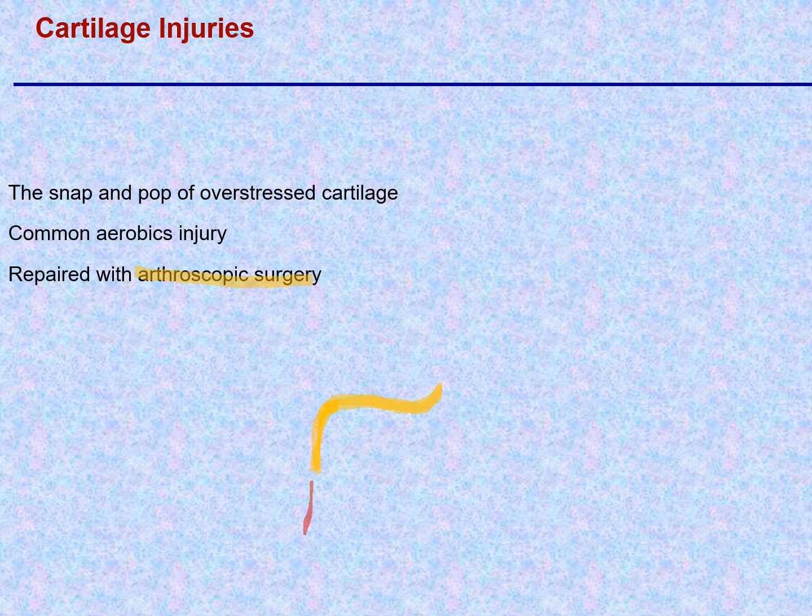They can do all kinds of amazing repairs just using this kind of tube structure. It's quite astounding. Okay, so that's a cartilaginous type of injury as opposed to a sprain, which involves the ligaments.